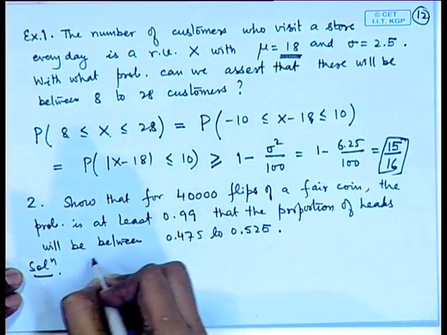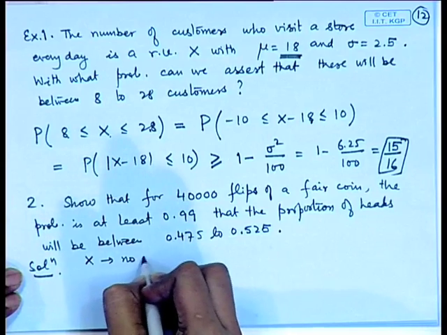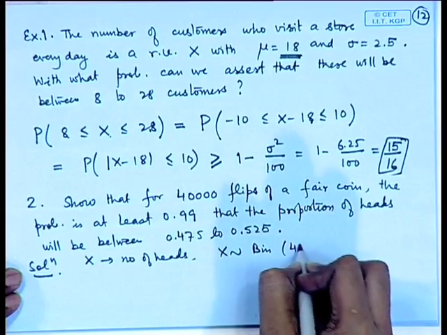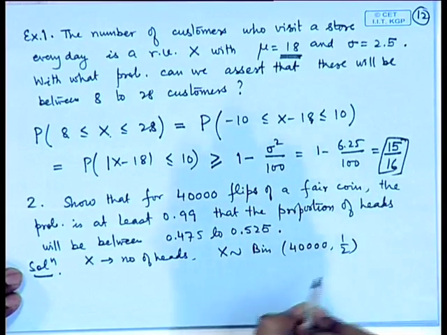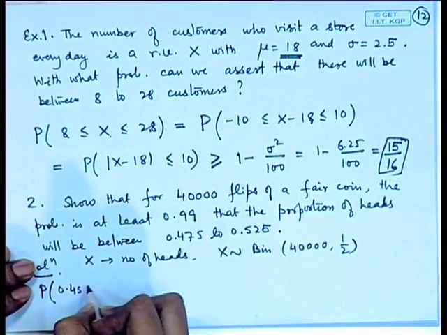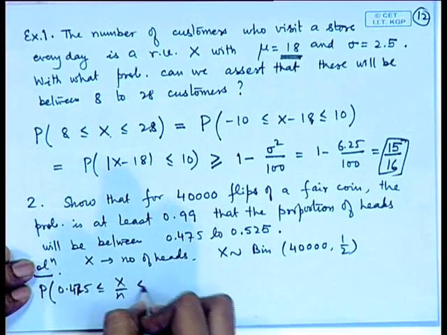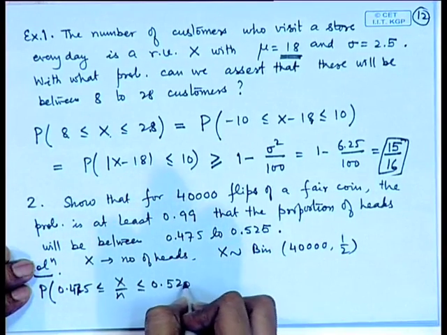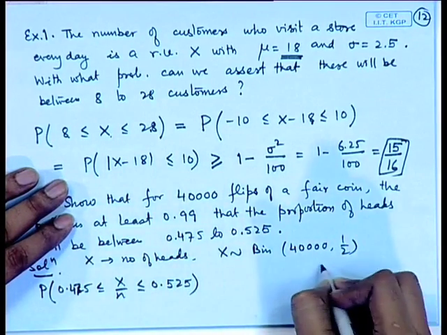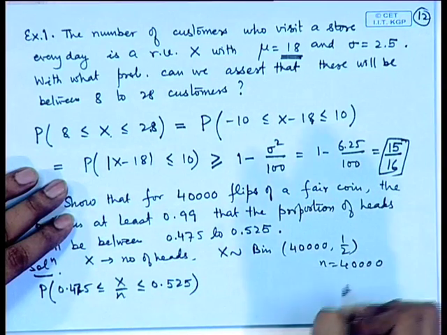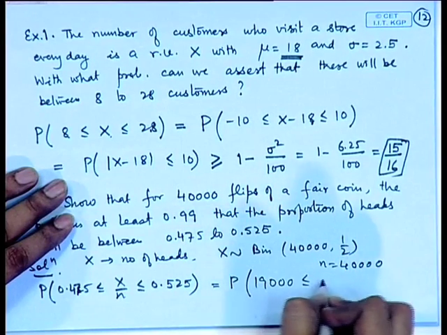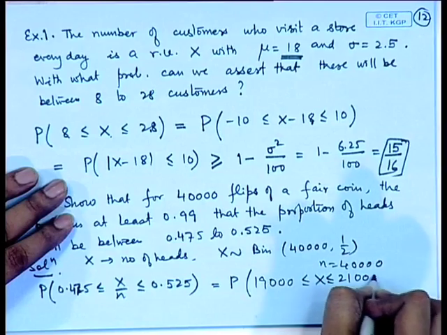Here, if we consider x to be the number of heads, then x follows binomial 40,000 and half. We are interested in the probability of x by n lying between 0.475 to 0.525. Now, n is here 40,000. So, this is equal to the probability that x lies between 19,000 to 21,000.